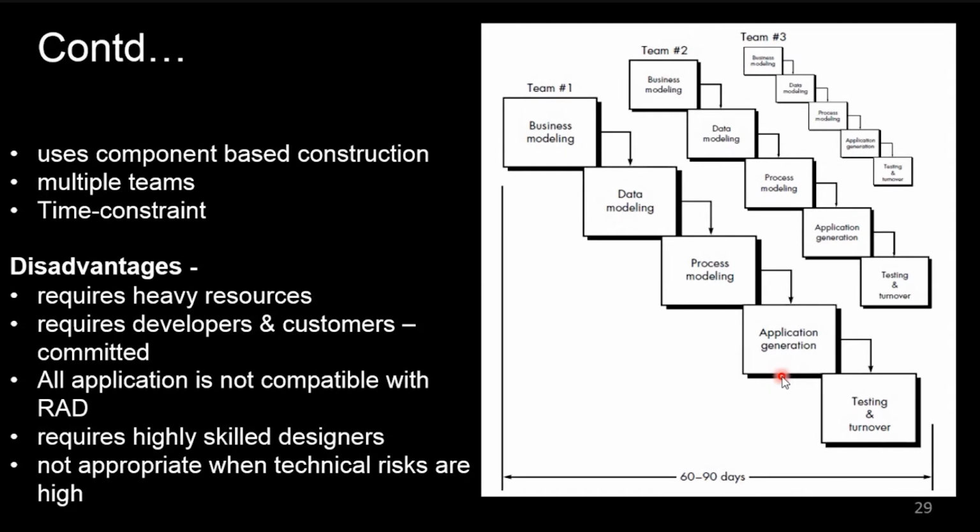So overall, we can say that RAD is an incremental model. As we have seen with the incremental model, we deliver some functionality, but here we have this particular time span. So it is one kind of incremental software development process model, which emphasizes an extremely short development cycle. At the same time, it is a high-speed adaptation of the linear sequential model, because each and every team follows the SDLC, and this rapid development is achieved using modularized functionality, like component-based construction.